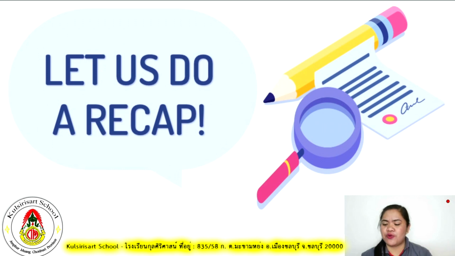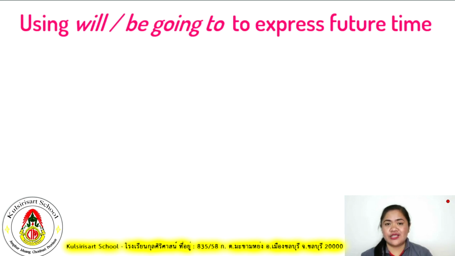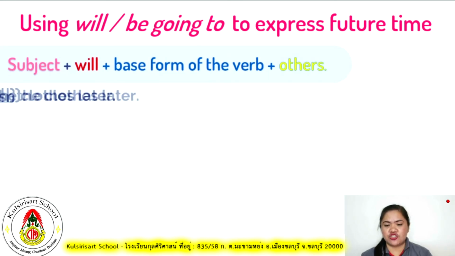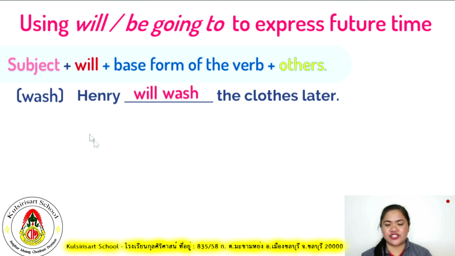Now, let's do a recap. When we talk about the usage of will and be going to express future time, it should be in this pattern. Subject, will, plus base form of the verb plus others. We have here the subject, Henry, plus will, plus base form of the verb, wash, and then the continuation. Henry will wash the clothes later.